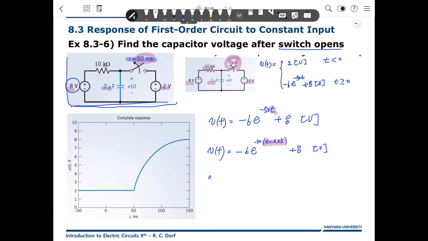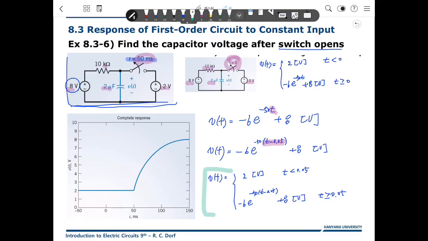So in the case of Vt, the more exact solution is 2 volt when t is smaller than 0.05 second, and minus 6 exponential minus 50 (t minus 0.05) plus 8 volt when t is larger than 0.05.